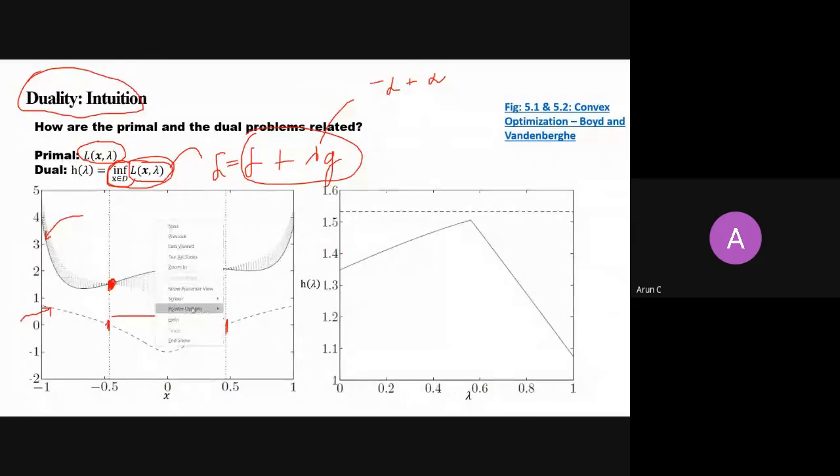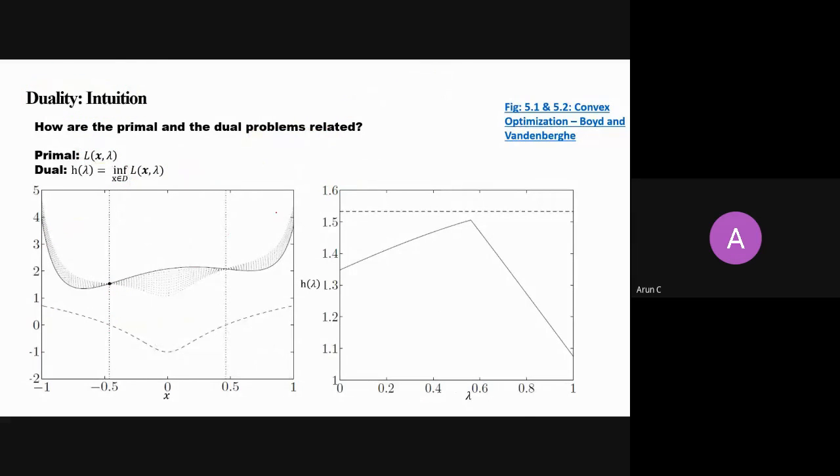Let's say first you put lambda equal to 0. When you put lambda equal to 0, your Lagrangian is equal to the function. You minimize it, and this is the point which you will get. Then you take lambda 0.1, 0.2, 0.3. Oh, sorry. This is not the point. Sorry.